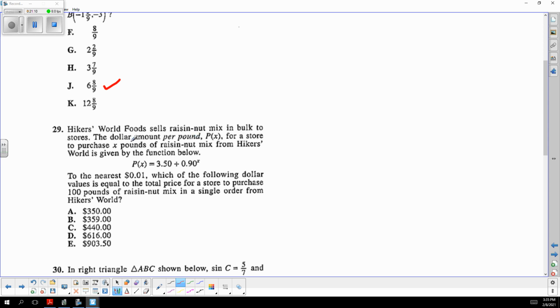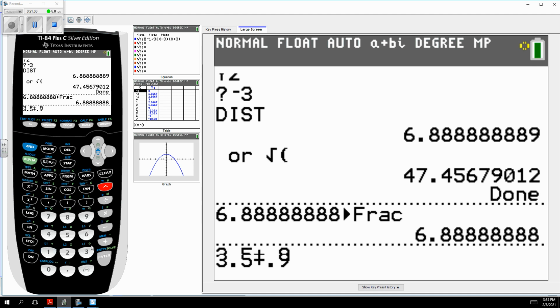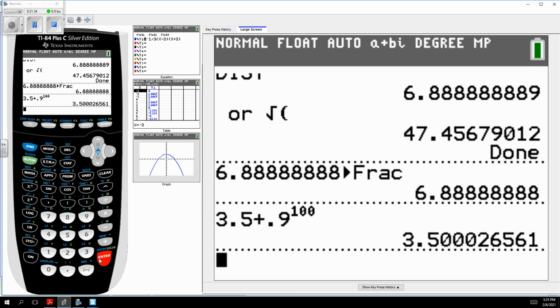The amount per pound for a store's purchase of x pounds. And so you put 100 in there, huh? Is that going to work? 3.5 plus 0.9 to the 100th. That's not going to work. And it's per 100, so it'd be 350.